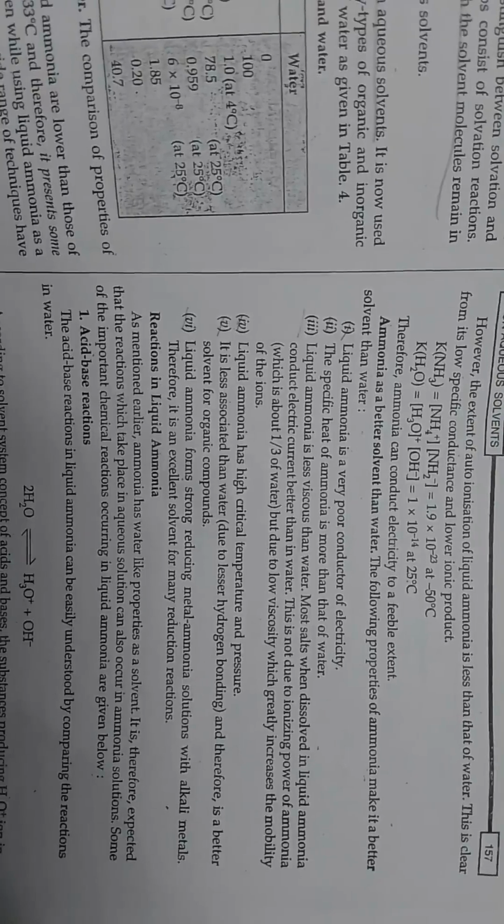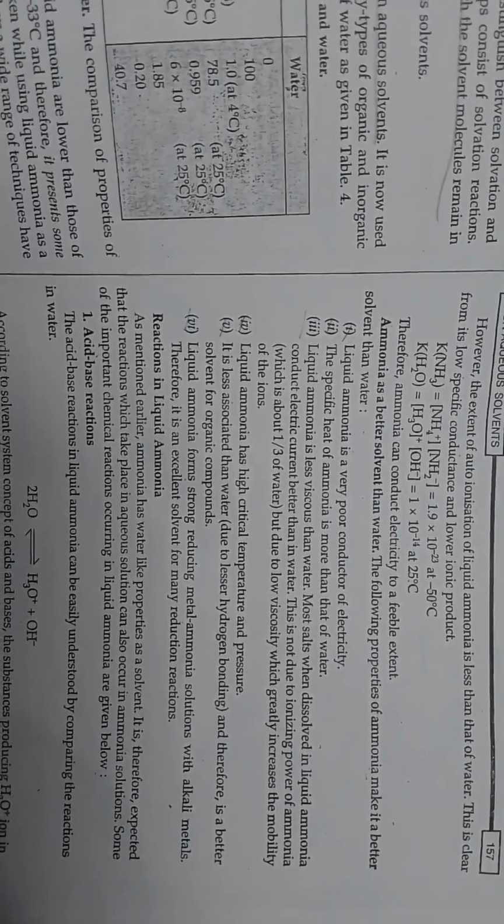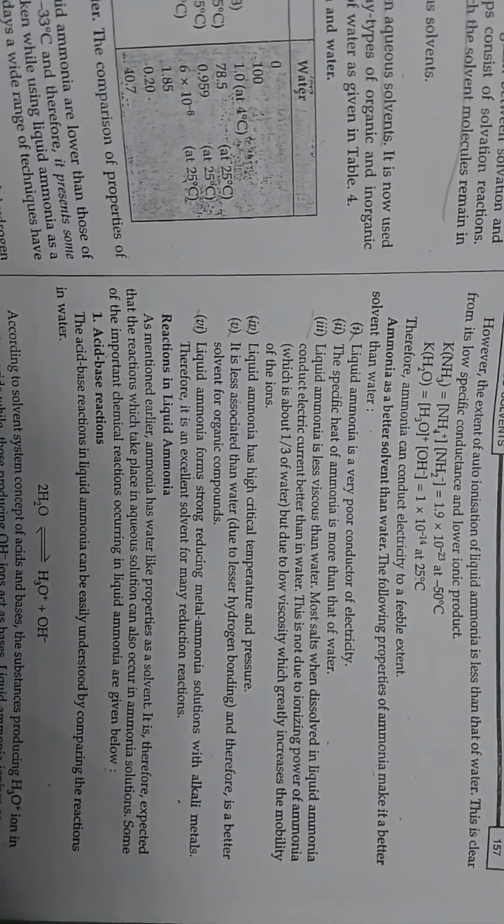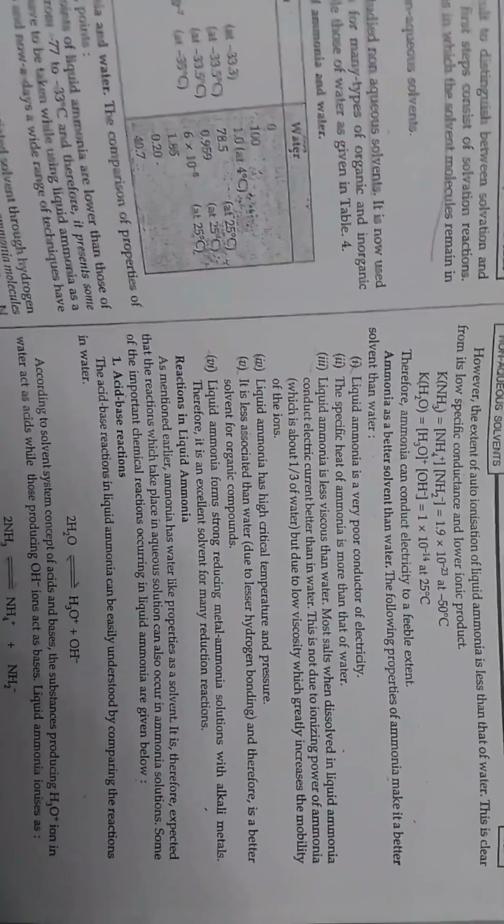This is clear from its low specific conductance and lower ionic product. K of NH3 is equal to NH4 plus times NH2 minus, which is 1.9 into 10 raised to power minus 23 at minus 50 degrees Celsius. K of H2O is equal to H3O plus times OH minus, which is 1 into 10 raised to power minus 14 at 25 degrees Celsius. Therefore, ammonia can conduct electricity to a feeble extent.